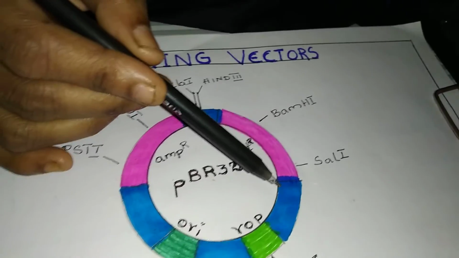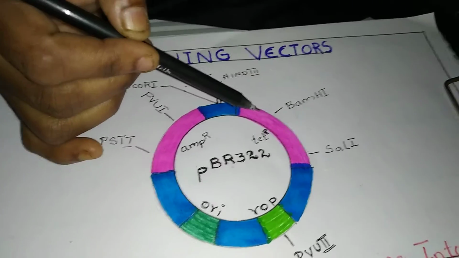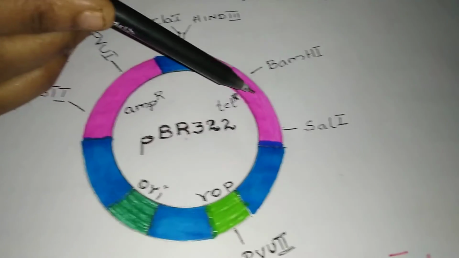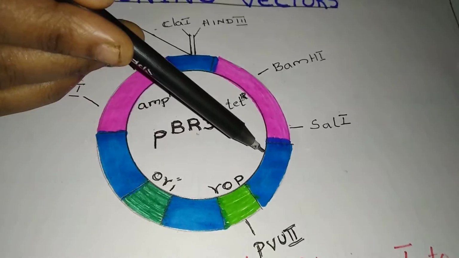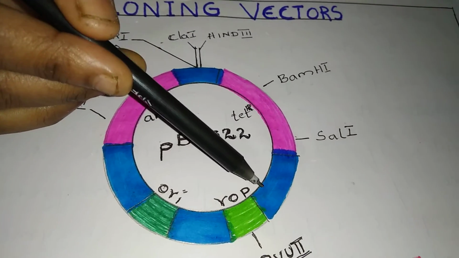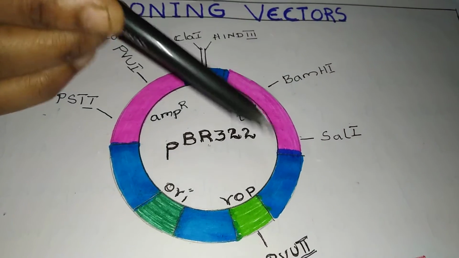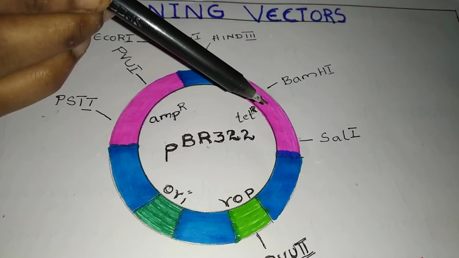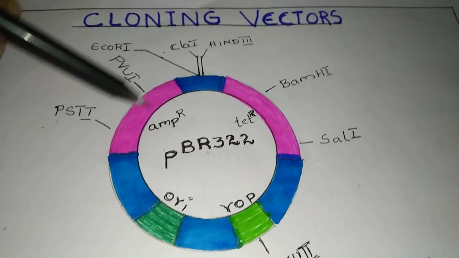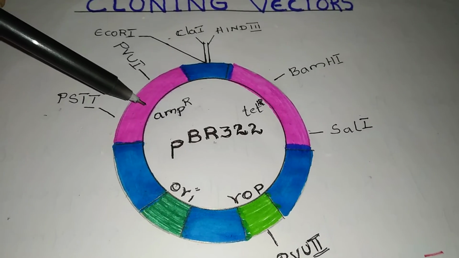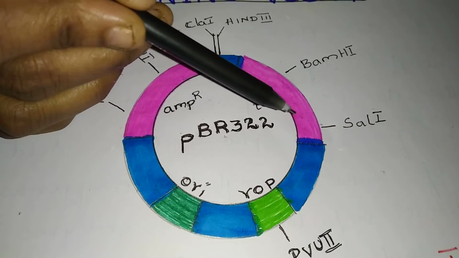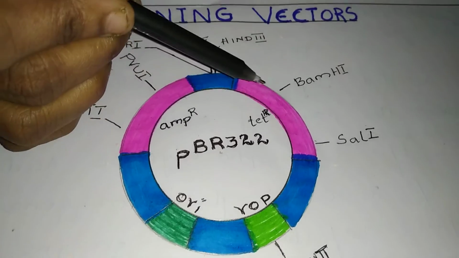It loses the tetracycline resistance, but still it can be used for separating the non-recombinants from the recombinants, by transferring these transformed cells from the solution containing ampicillin antibiotic to the solution containing tetracycline antibiotic.